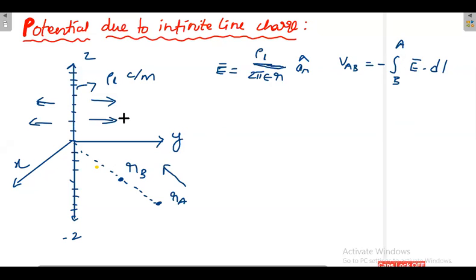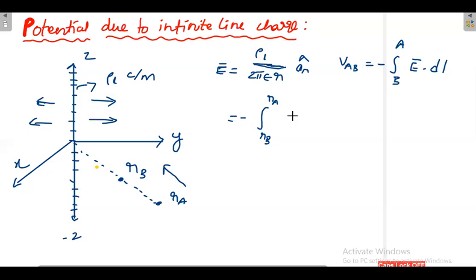The distance of B from the origin is RB, and the distance of point A from the origin is RA. Now replace the electric field value, rho L divided by 2 pi epsilon r.